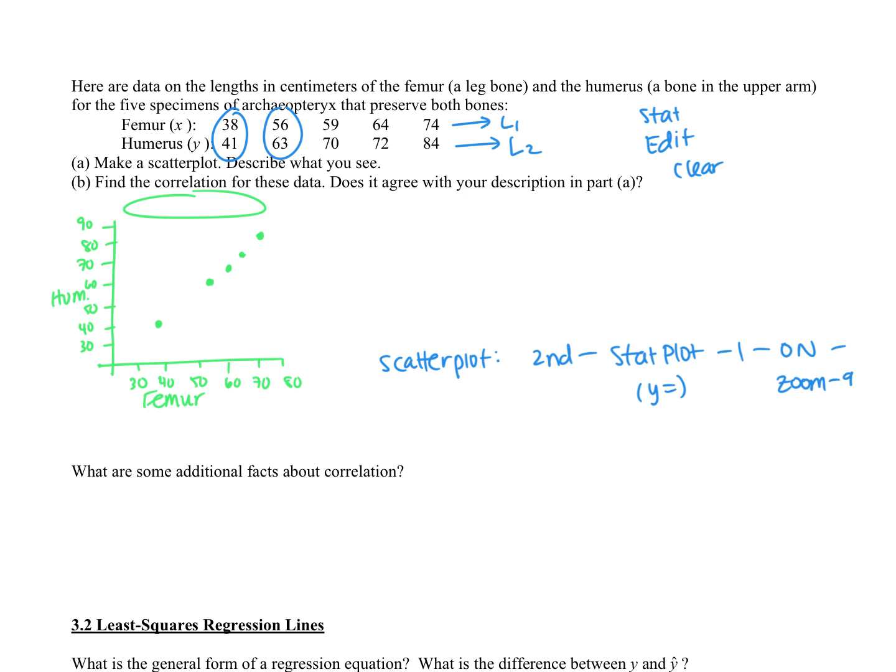What you're going to do is hit second, catalog. Catalog is above 0. And then you should see a list that starts with ABS, and angle, ANOVA. We all looking at that?